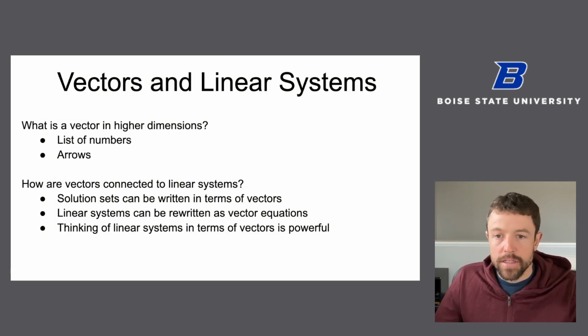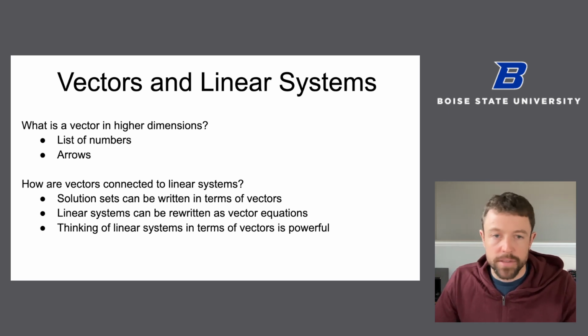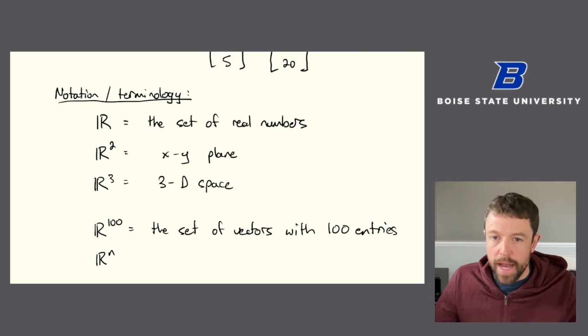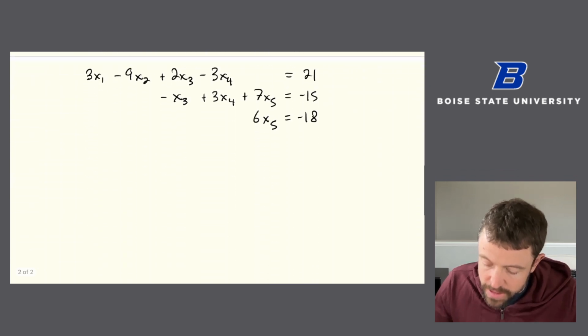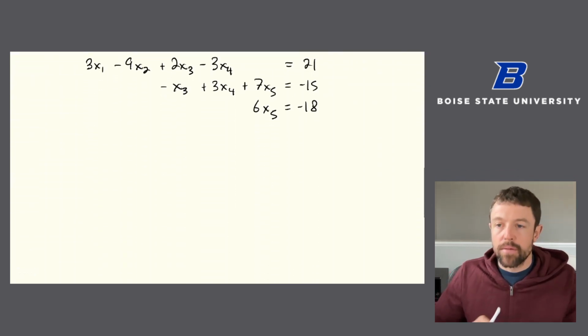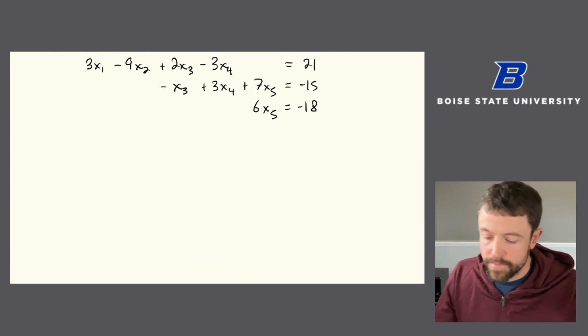The second thing I wanted to do was connect vectors to linear systems. And in order to do that, I want to go back to some of the examples from the week 1 video, just because there were more examples there where I talked about solving linear systems. So I'll show you what the equations are and I'll connect it all. But let's quickly go back. Here was one of the systems that we studied in week 1.